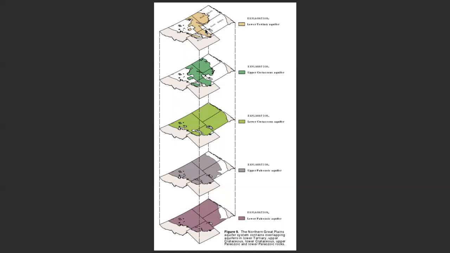So for example, this tertiary aquifer covers parts of North Dakota, Montana, and Wyoming. It's a big aquifer system. But as we go deeper, they get bigger and bigger and bigger. So the lower Paleozoic system goes from the Rocky Mountain front, covers all of eastern Montana, northeastern Wyoming, and most of the Dakotas. This is a huge aquifer system.